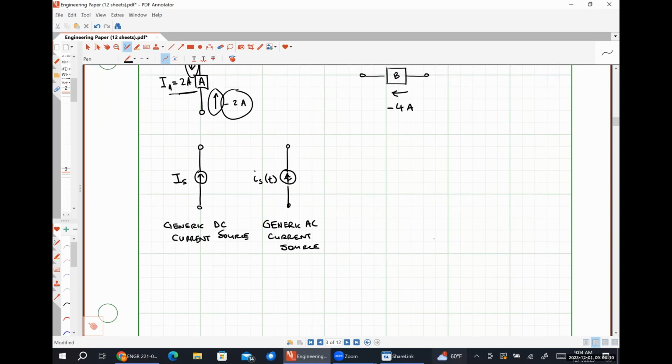And these two represent our independent current sources. That D looks too much like a P.